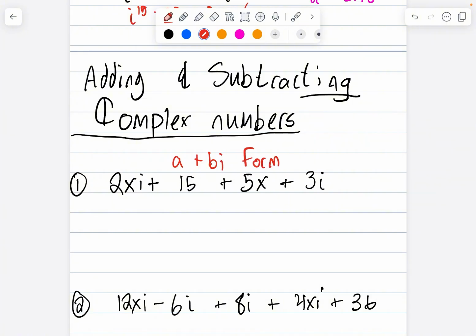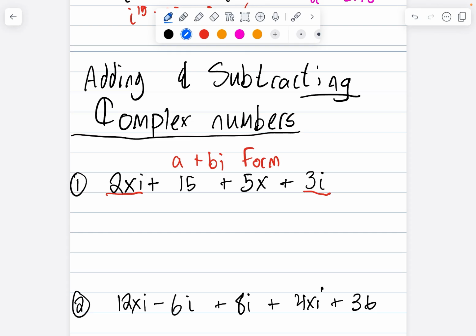So the way you add these is you want to put all the i terms together, and you want to put all the terms without i together. So what terms have i? I'm going to take this and take this, and it looks like a plus bi. So the imaginary numbers go to the side.